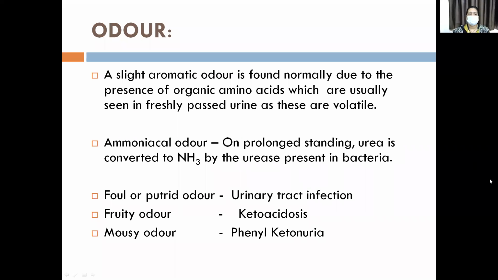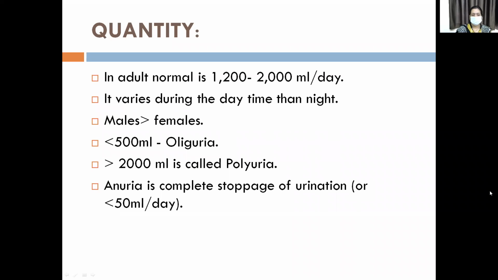I told you about these things when discussing the kidney chapter. Less than 500 ml, oliguria, can be present in acute renal failure. More than 2000 ml, polyuria, occurs in acute interstitial nephritis leading to tubular injury, and also diabetes induced renal damage can cause polyuria, right?